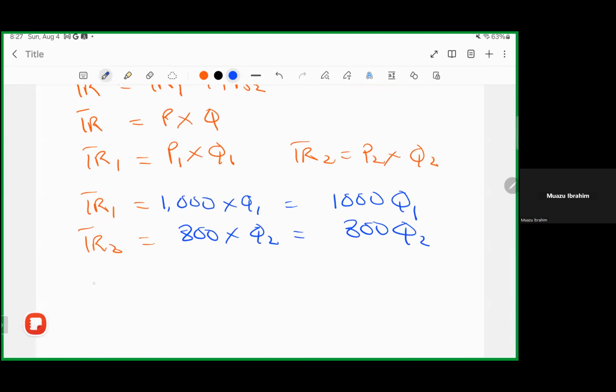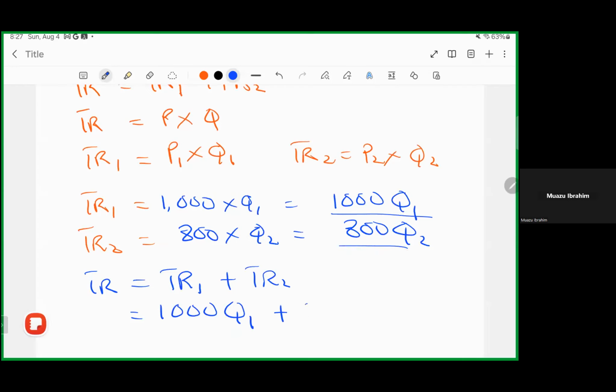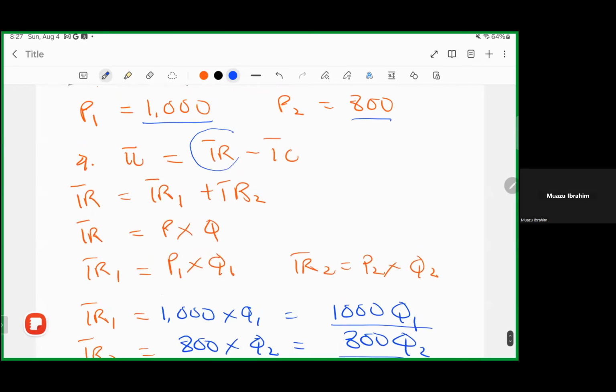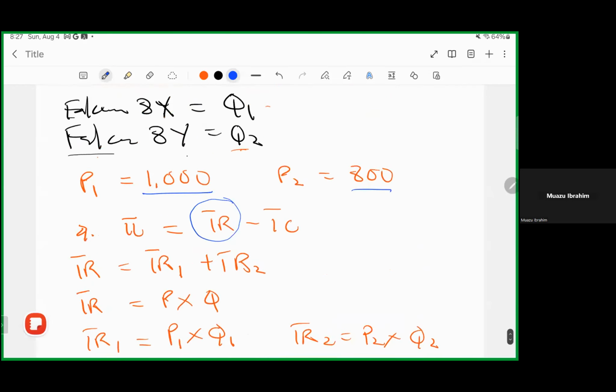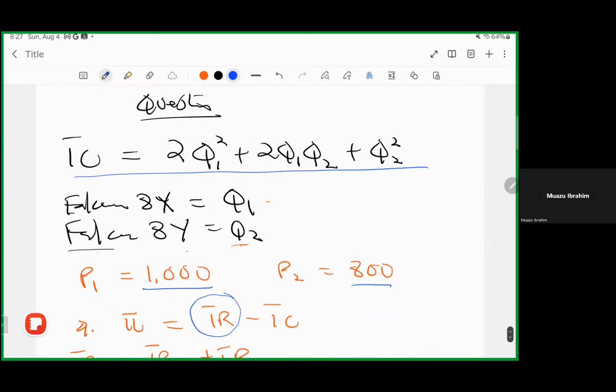Which means the total revenue we are looking at, revenue 1 plus revenue 2, would be 1,000 Q1 plus 800 Q2. So this is the total revenue. And we have the total cost function as this.